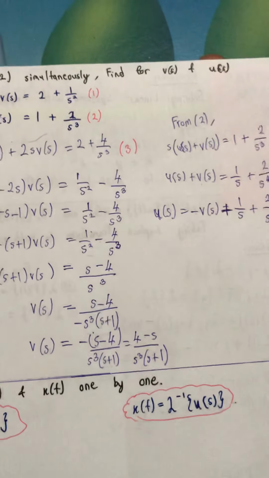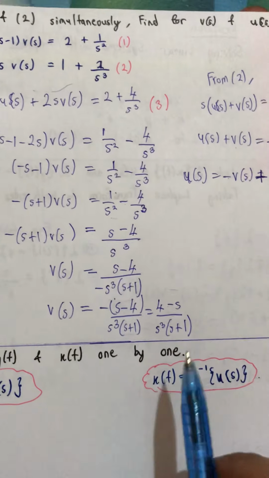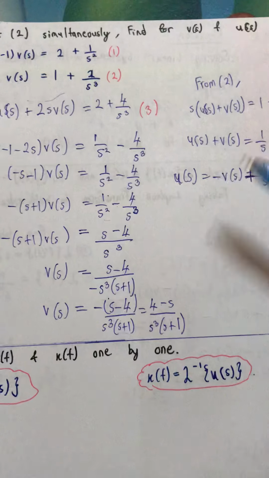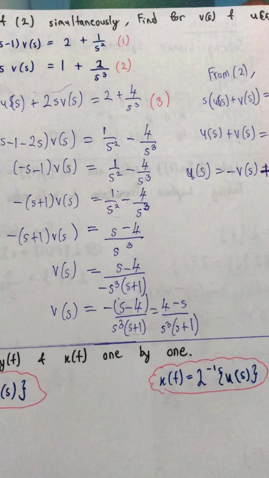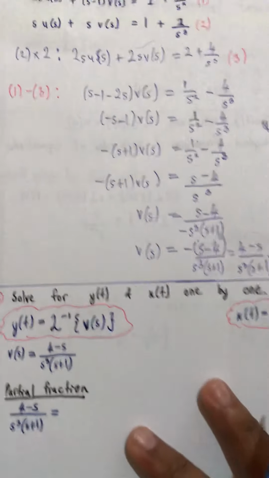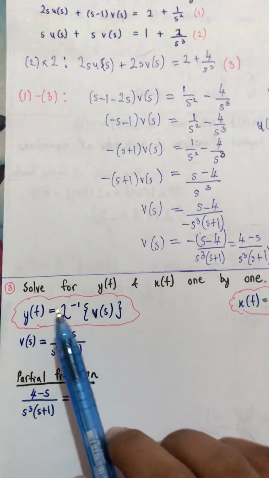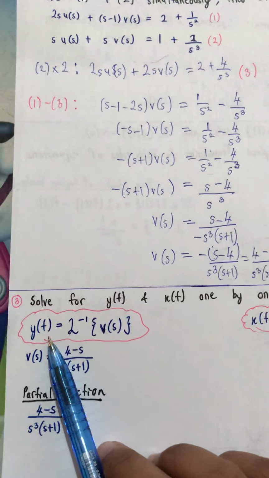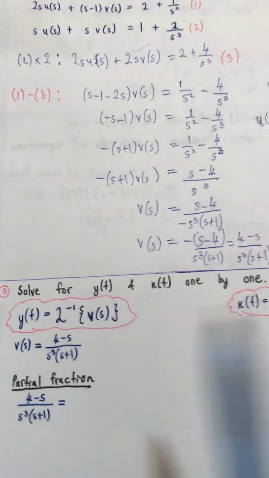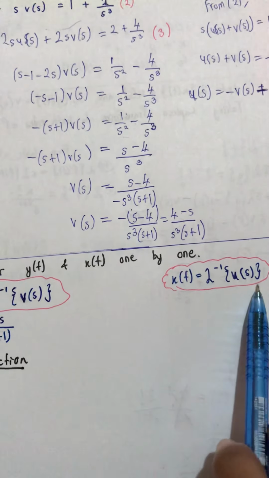So here I decide to do the inverse Laplace transform first, and then substitute the vs, so it will become easier for us. So we solve for y and x, where y is equal to the inverse Laplace transform of vs, and our x is equal to the inverse Laplace transform of us.